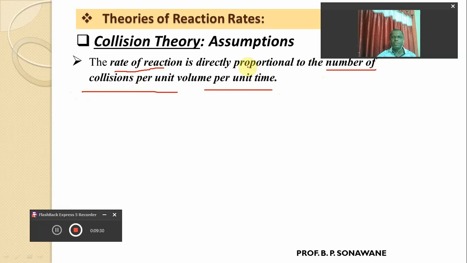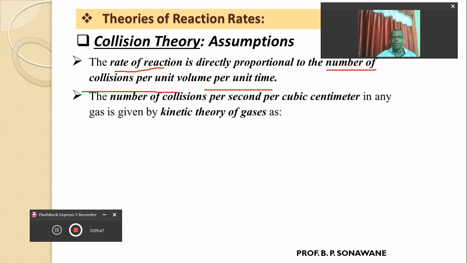How many collisions take place per unit volume per unit time? That number is directly proportional to the rate of reaction. It means that if the number of collisions is more, the rate of reaction will also be more.